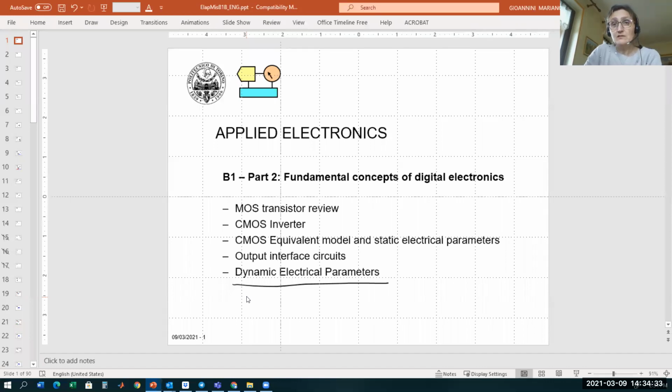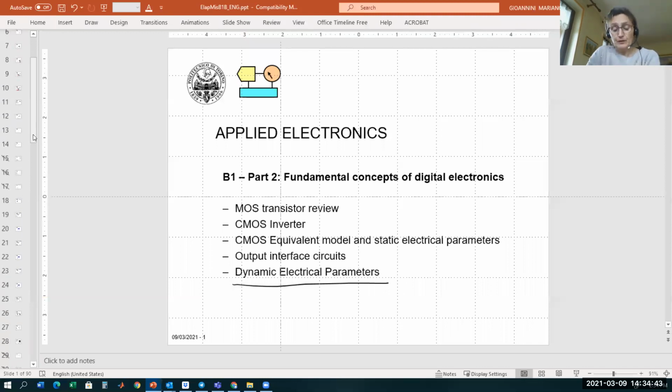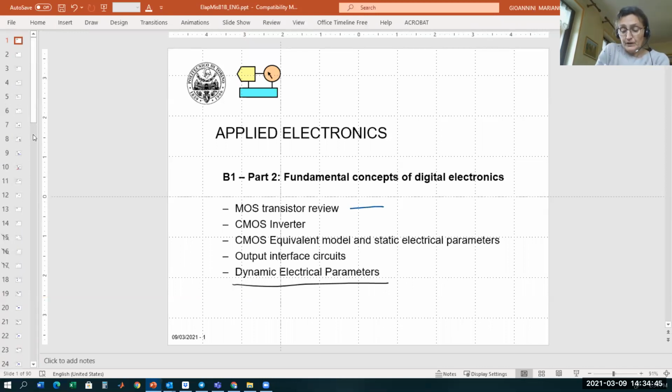So these are the slides that we started in the previous lesson. In particular, I remind you that last time we reviewed the MOS transistor concept, and we focused on the structure of the CMOS inverter.